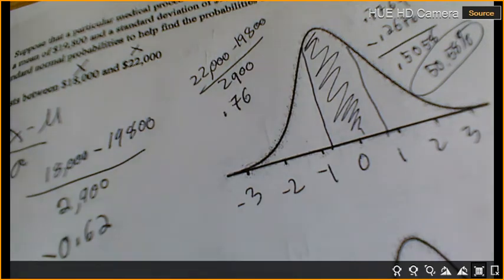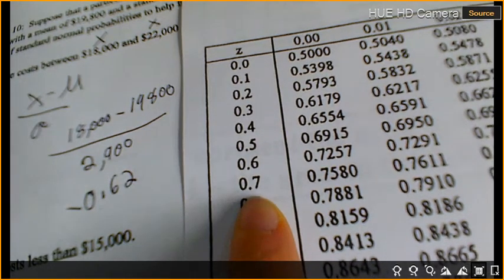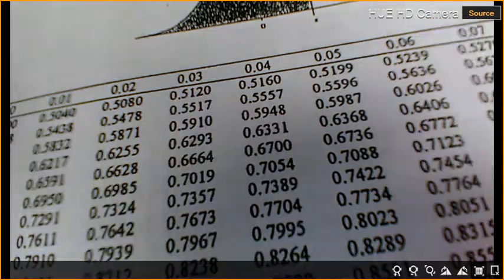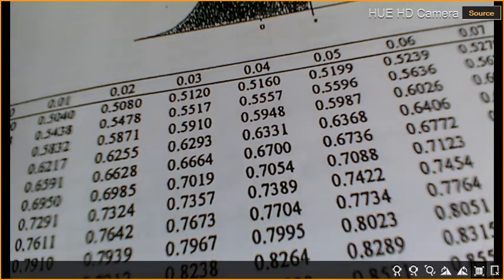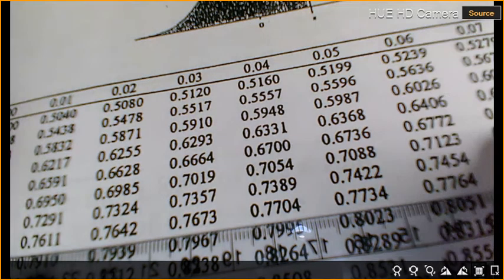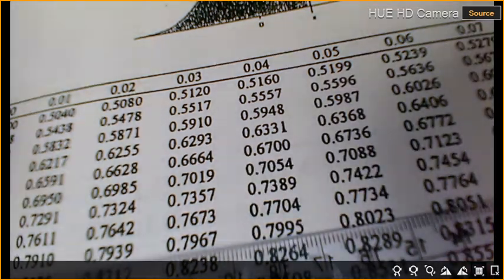So I'm going to look up 0.76. I go right here. You see how I got 0.7 right here? Now look on the top until I see 0.6, and that's where they meet. So those are all 0.7s. 0.76, that's how I got 0.7764. Better? Okay.